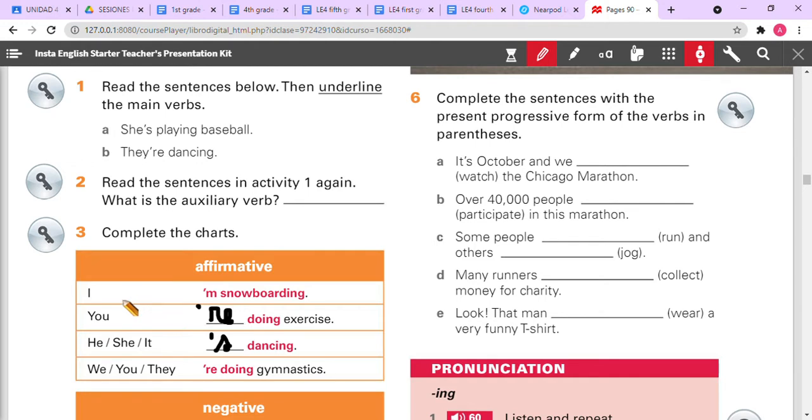For example, in some books, you can find this: I am, you are, he is. That is good, okay? You can say I am, or you can say I'm. You can say you are, or you can say you're. You can say he is or he's. There is no problem. That is called contraction.